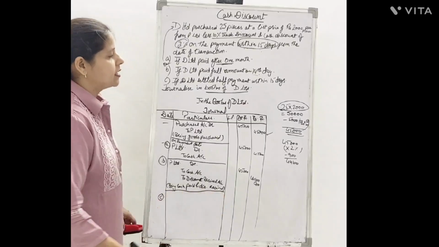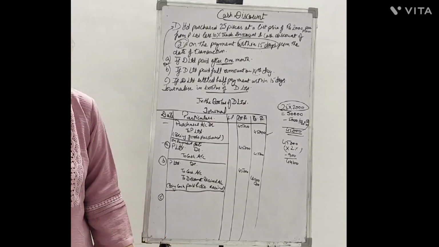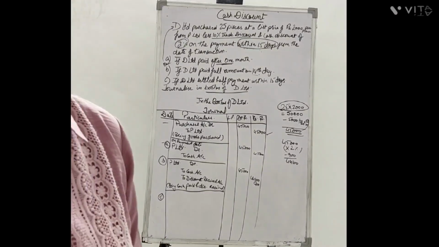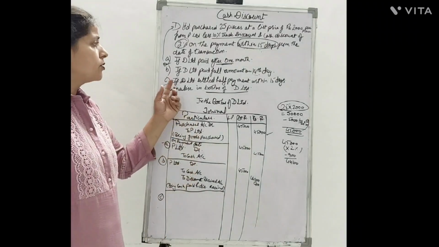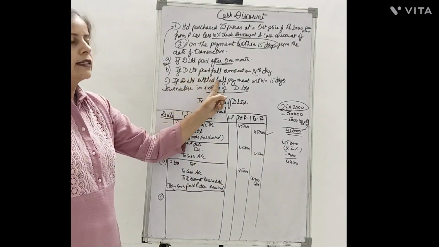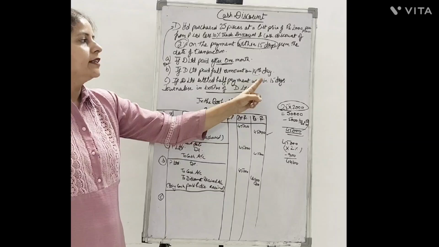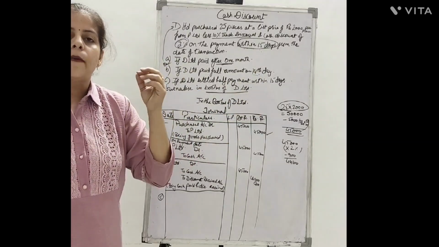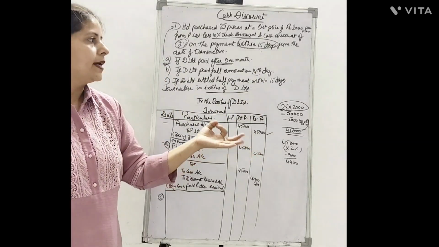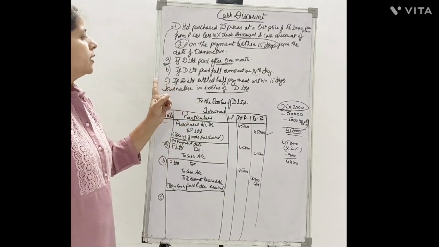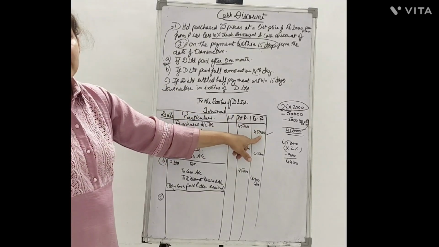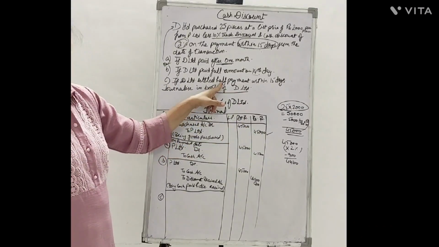Now case C, where he says that the payment was not made in full. Suppose he has settled half the payment within 15 days, and about the rest of the half payment he is silent. So out of 45,000, half is paid.